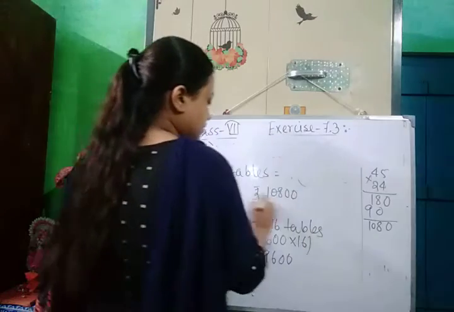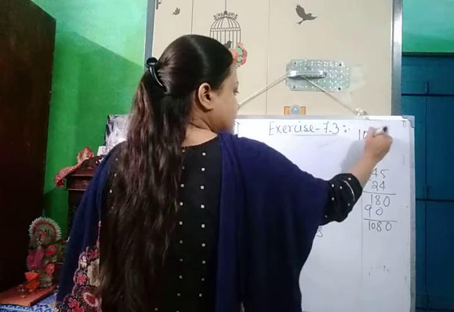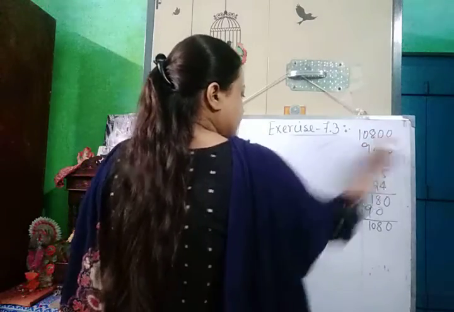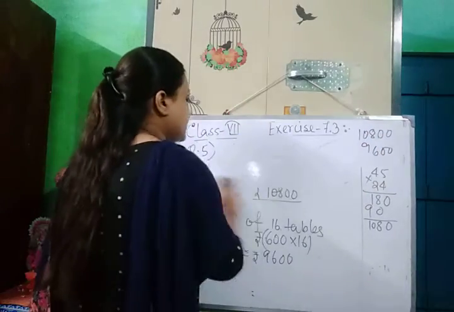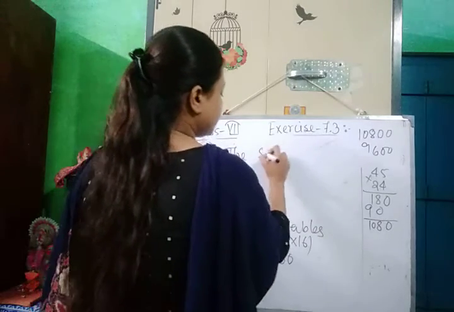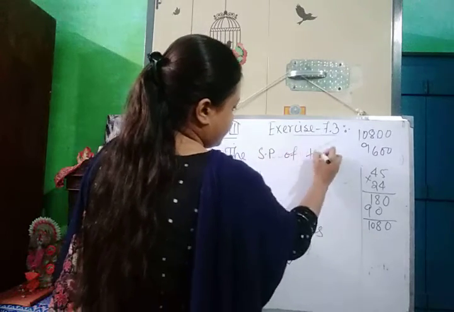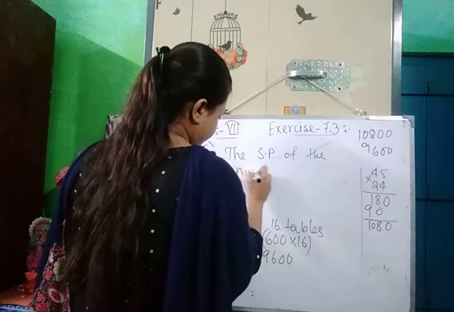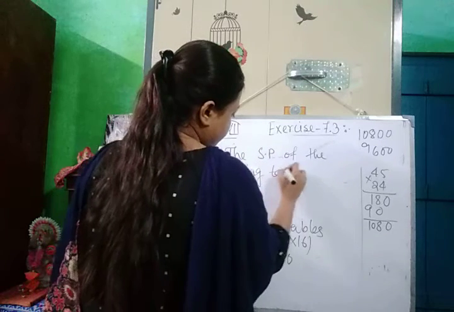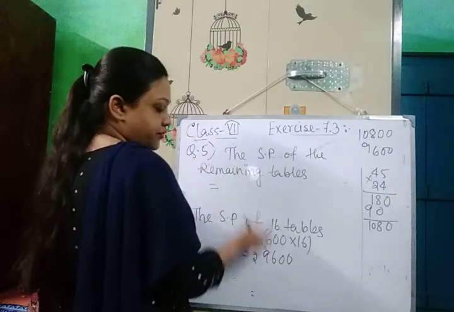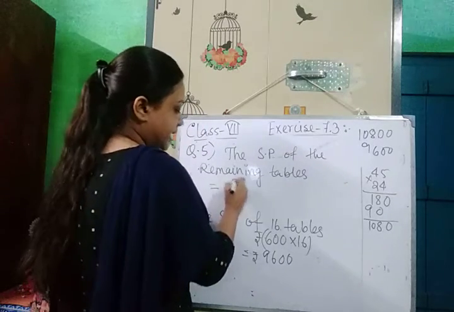That is the SP of 16 tables. Now the SP of the remaining tables.